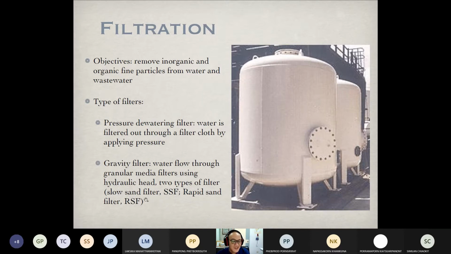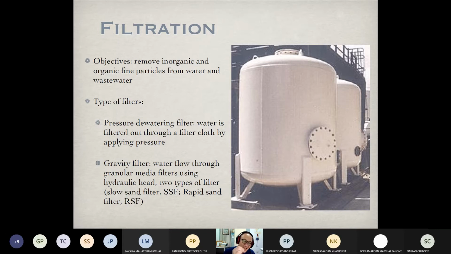The physical characteristics of these two types of filters are more or less the same, but it's only a matter of the size of the media. If you are using sand as the media and you take a bigger size of sand, it can give you a fast filtration rate. And in that case, we normally call it a rapid sand filter.